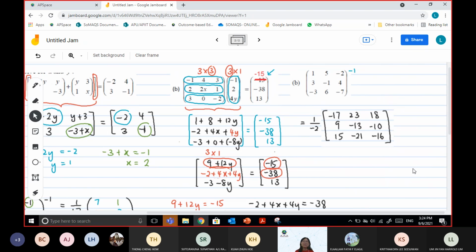Okay, so you just multiply with the adjoint of the matrix and then you simplify them. The first one we have 17 over 2, then -23 over 2, then 18 over -2, which is -9. Then -9 over 2, then 13 over 2, then -10 over -2, so +5, then -15 over 2, then +21 over 2, then +8.